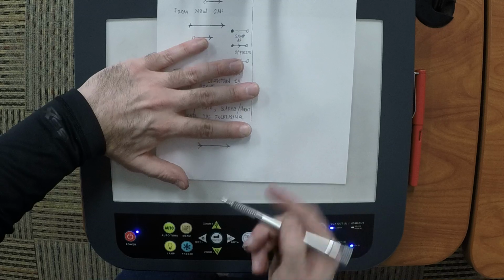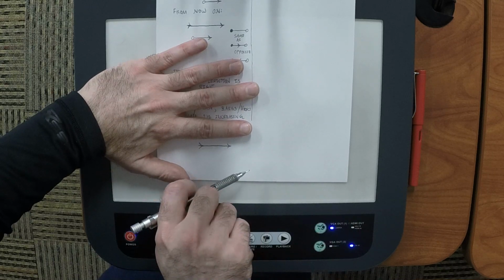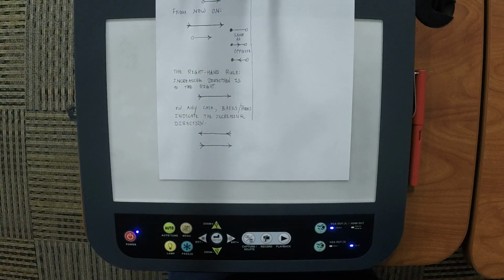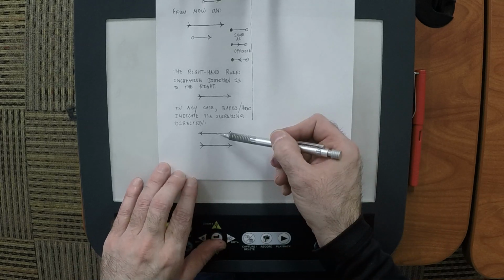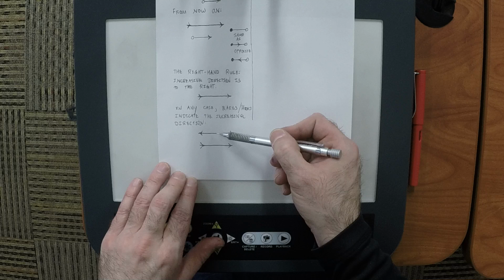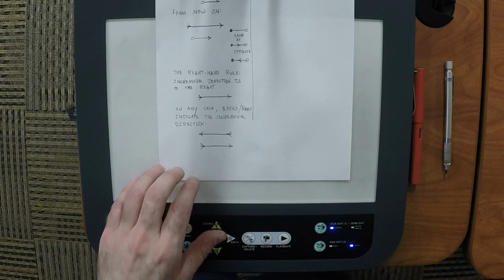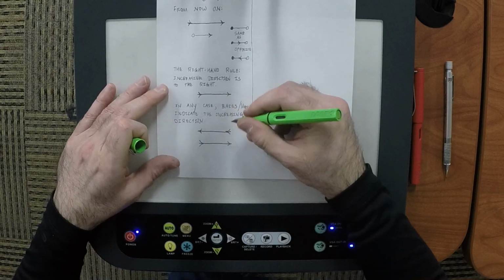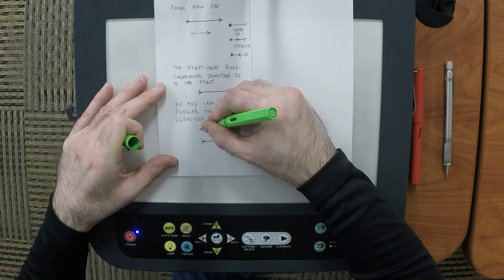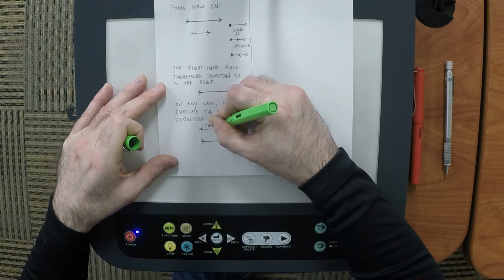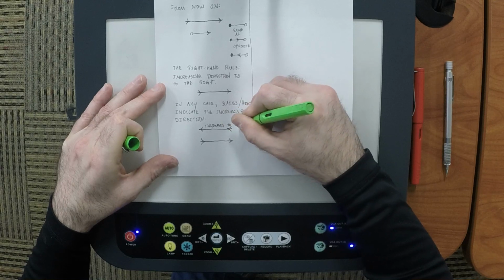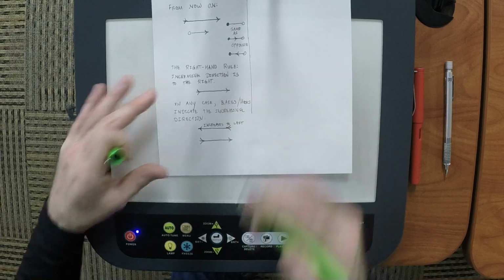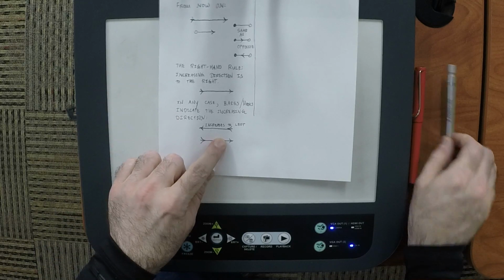And this one also goes all the way to the left and all the way to the right. But notice that the barbs are opposite. So this one increases in what direction? To the left. So this one increases to the left. And this one increases to the right.